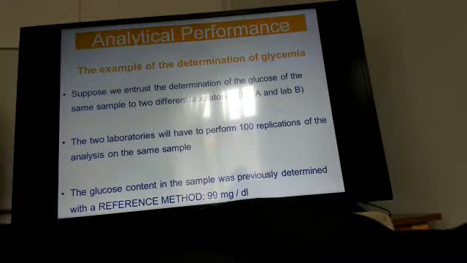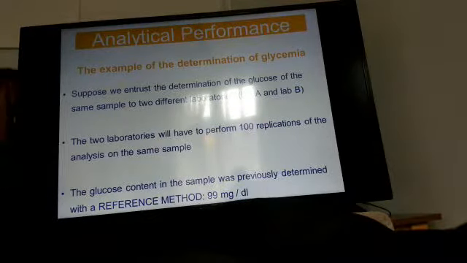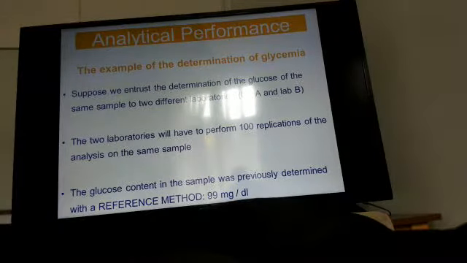I want to see what the true value is. And imagine that I don't tell the labs, because my sample has an unknown concentration. You cannot know a priori what my glucose level is. So when you receive the two evaluations from the two labs, you will not be able to say which is the best, no?